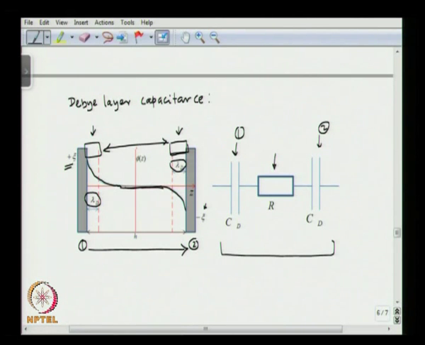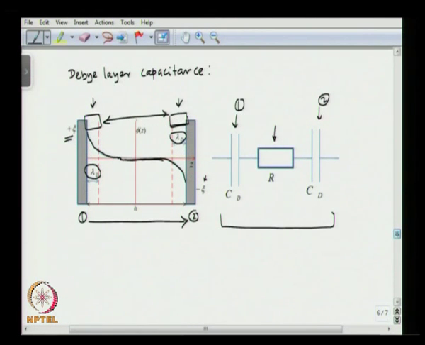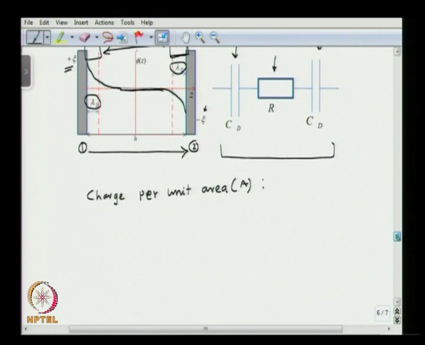Okay. So you can calculate the charge per unit area A at each of these walls. This is how you would calculate the charge: Q liquid will be the integration from 0 to infinity of the charge density, the variation of the charge density along z, into dz.